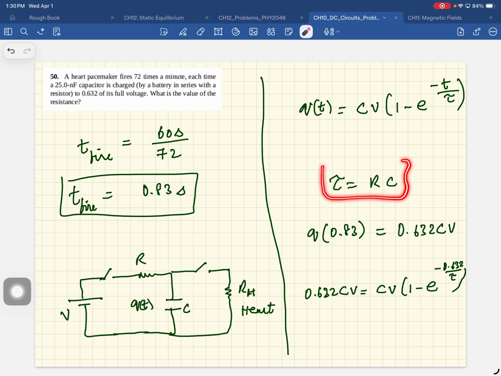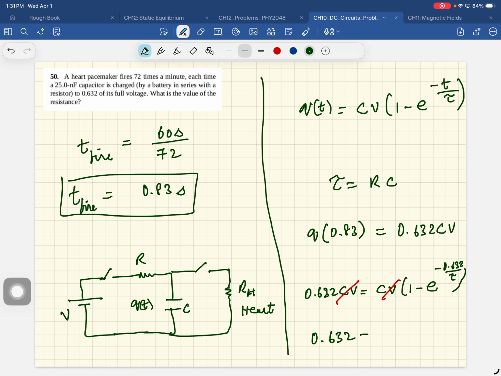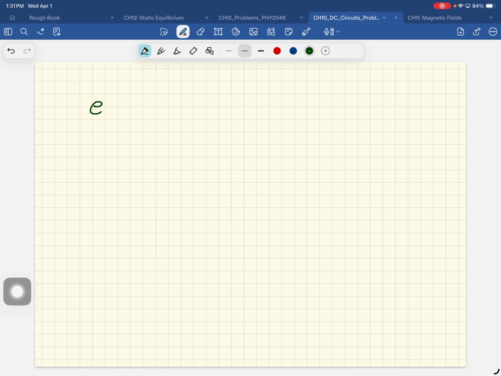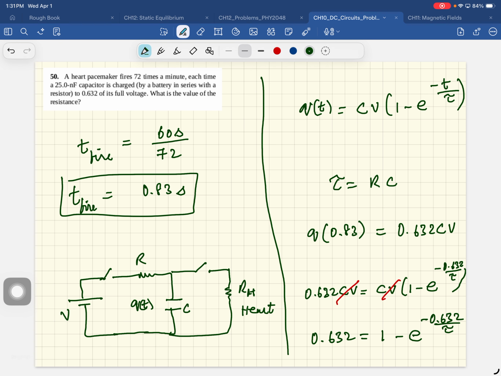Once we find tau, we know the time constant and we know the capacitance, so we can calculate the value of this resistance. So we'll calculate tau. Oh, I'm sorry, this is 0.83 seconds.